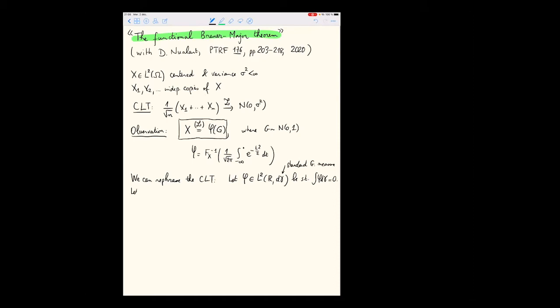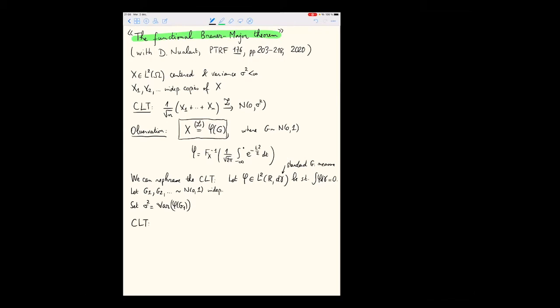Now, instead of these Xi's like in the CLT, let me consider G1, G2, etc., independent standard Gaussians. Let me also set sigma square as the variance of phi of G1, which is well defined because phi is square integrable with respect to the standard Gaussian.